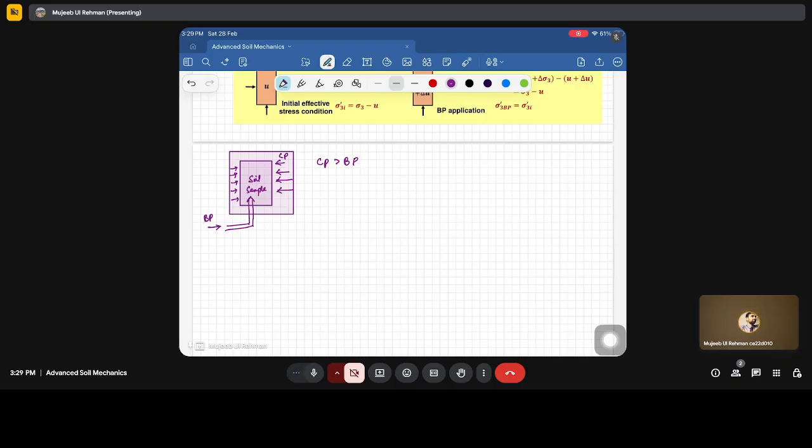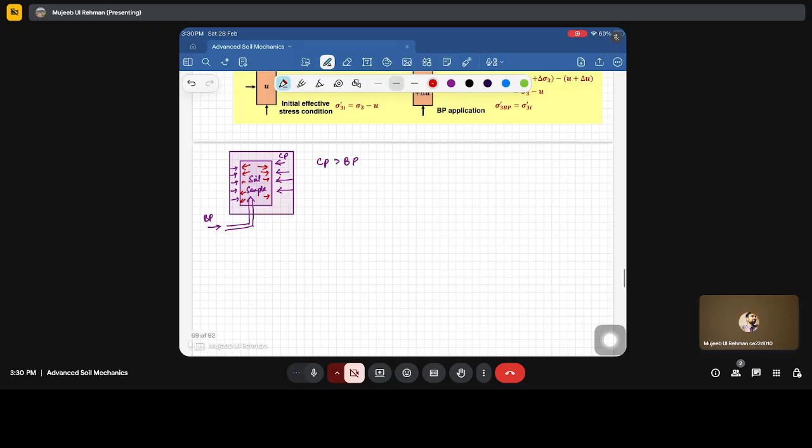If at any moment our back pressure is greater than the cell pressure, the soil will start to bulge out. So our sample will get disturbed, and we have to repeat the process: prepare the sample again and do the saturation again.